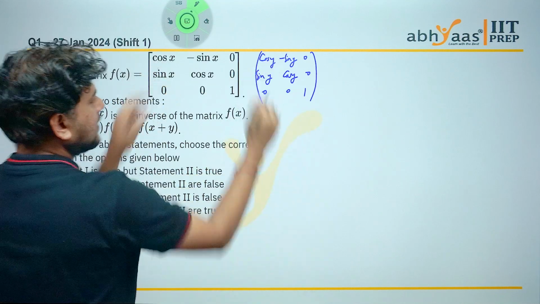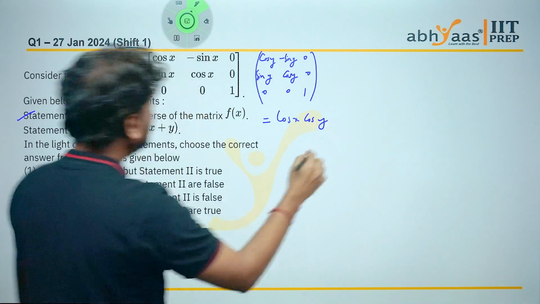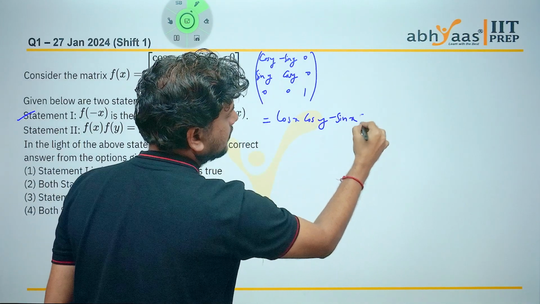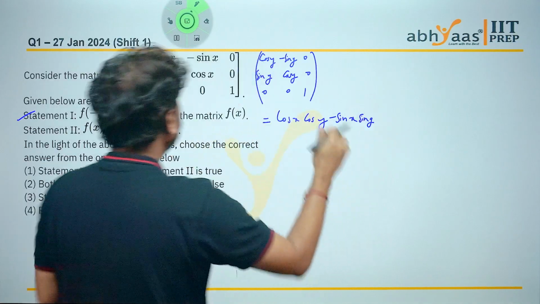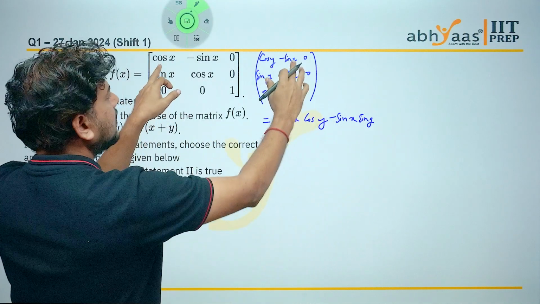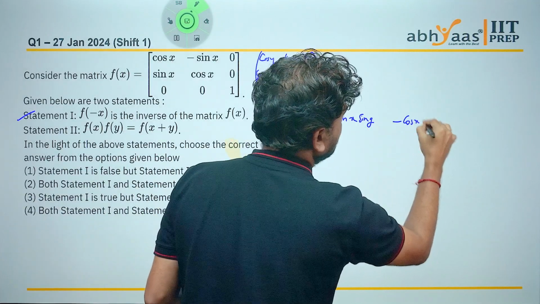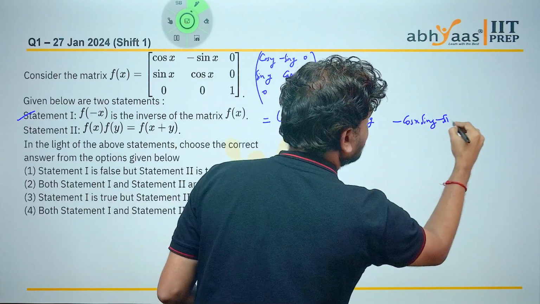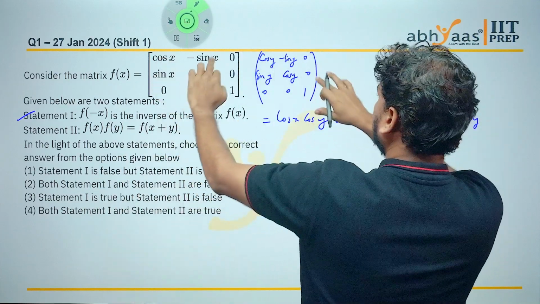Multiplying, the first value is cos x cos y minus sin x sin y, plus 0. The second value will be cos x into minus sin y and minus sin x cos y. Next 0, 0, 0.